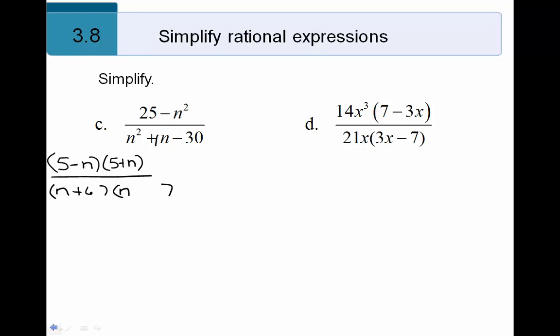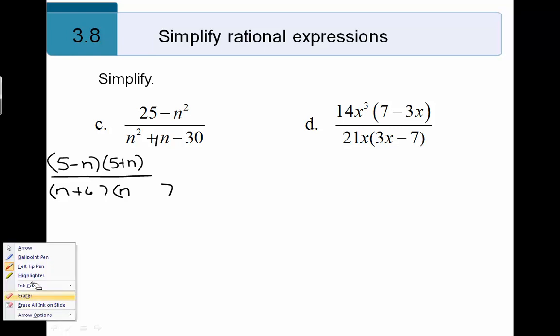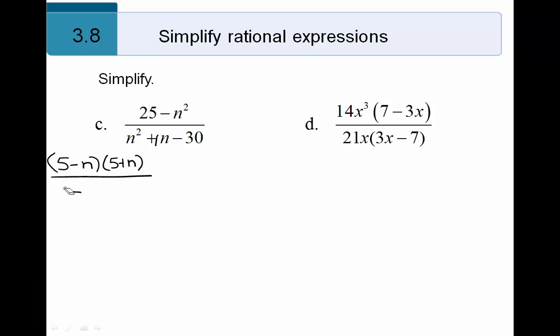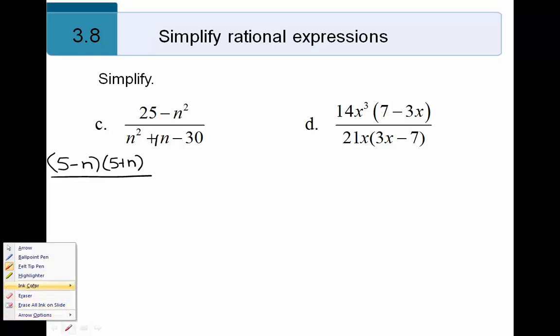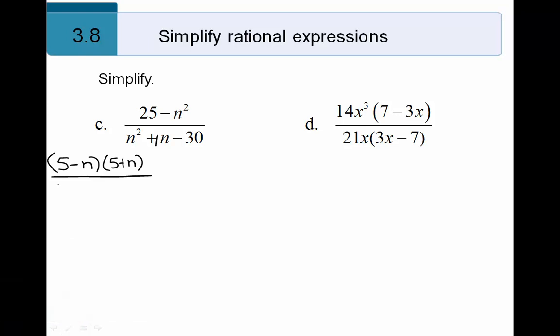Let me just erase that for a second. So we have n, okay? I have a 5 and a 6. My 6 is going to be positive, and my 5 is going to be negative.